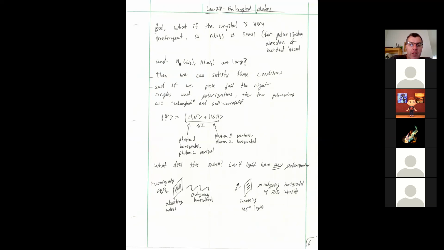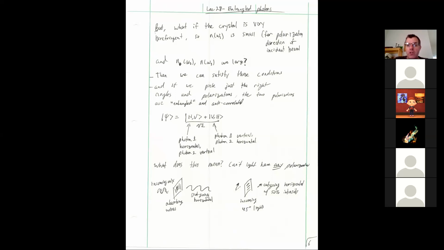Then the photons that are emitted could be along the opposite axis, so we could have very large n of omega 2 and n of omega 3. And so that's why birefringence is important for these kinds of nonlinear optical processes, because it enables us to make an exception.